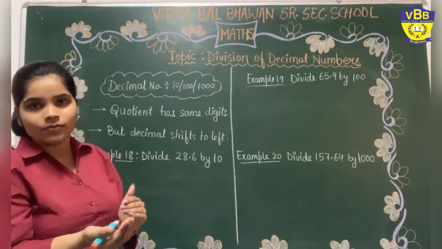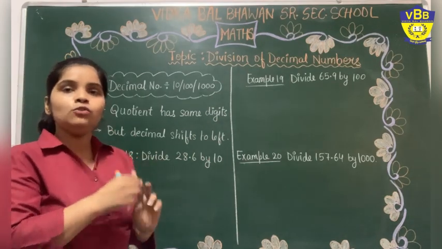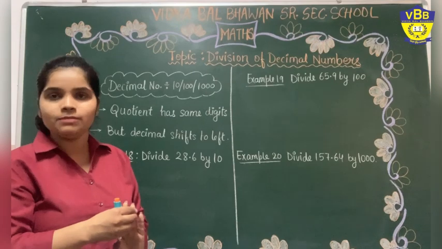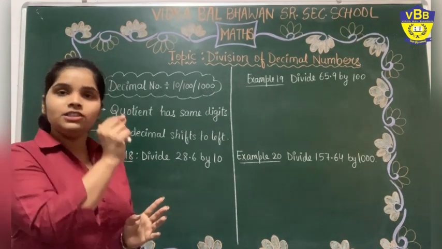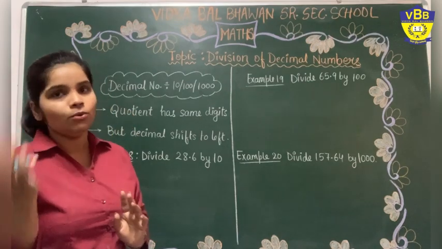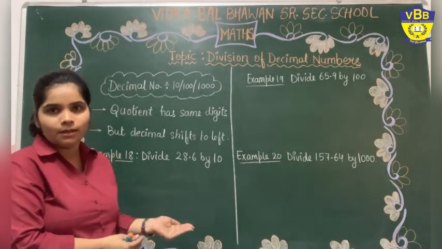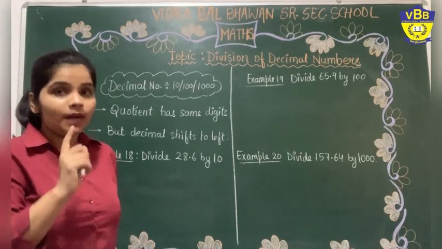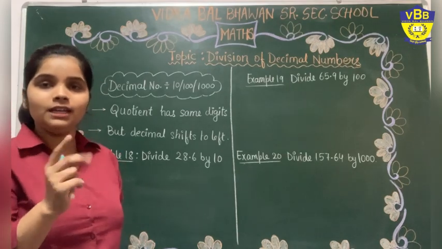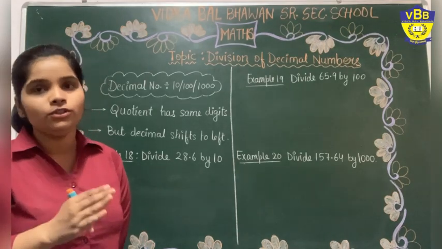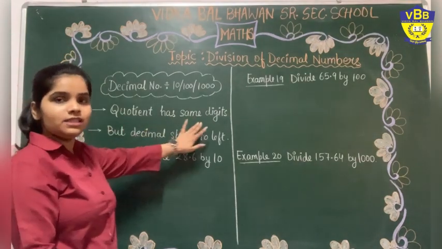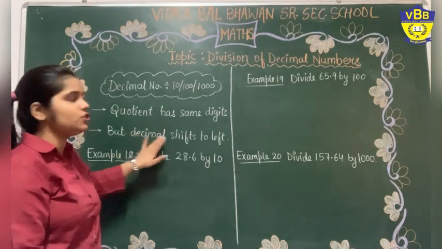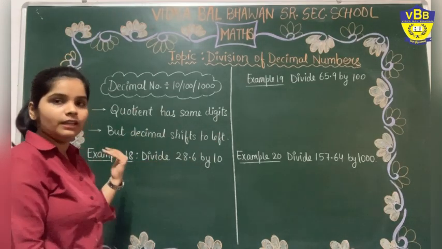If the decimal number is 22.56, the quotient will have the digits 2, 2, 5, 6 only, same as the given decimal number. But the second thing to keep in mind is that the decimal will shift to the left side. The quotient will have the same digits, but the decimal will shift to the left side.